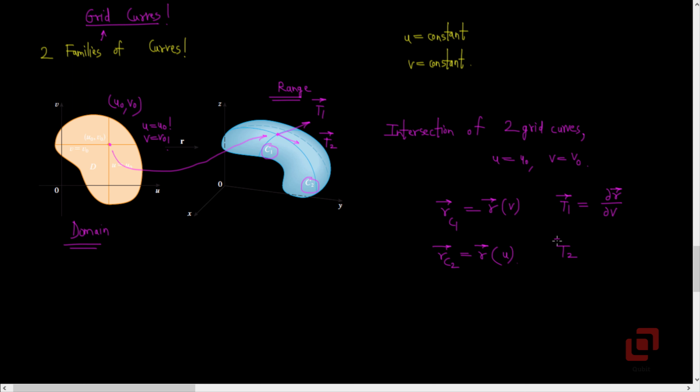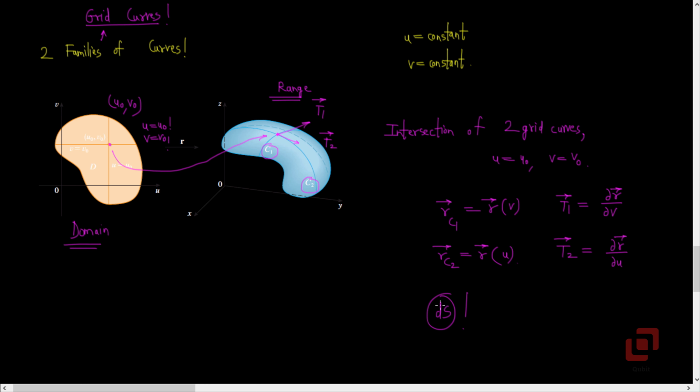Similarly, the tangent vector T2 bar will be obtained by partially differentiating r bar with respect to u. These two tangent vectors, T1 bar and T2 bar, actually help us in finding the expression for the elementary surface area ds, which we are going to see in the later part of the video.